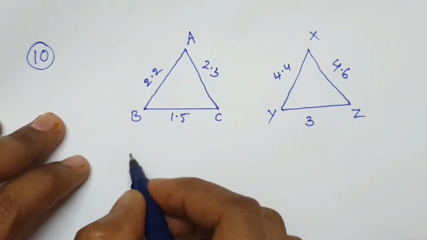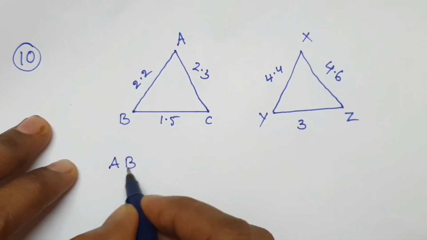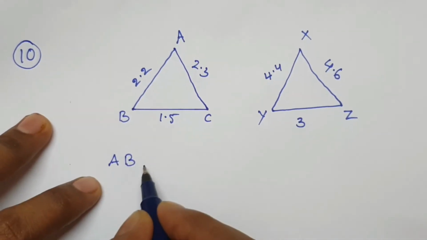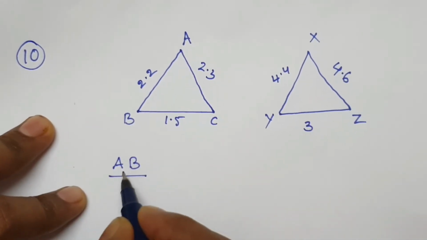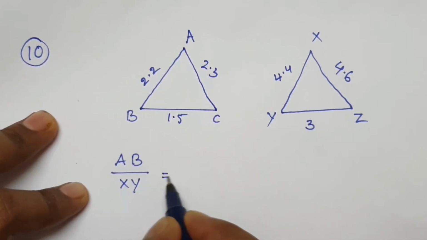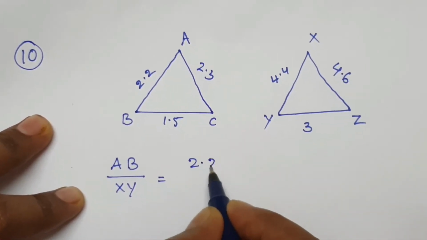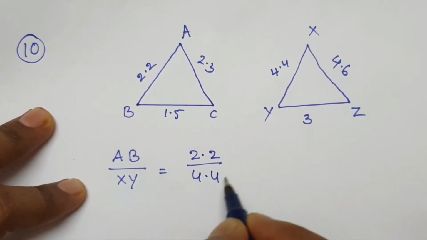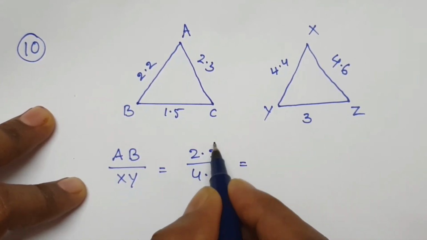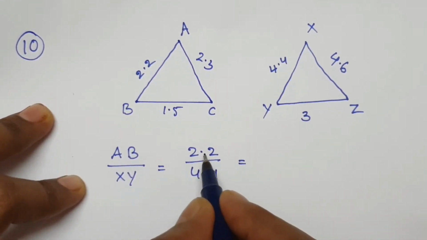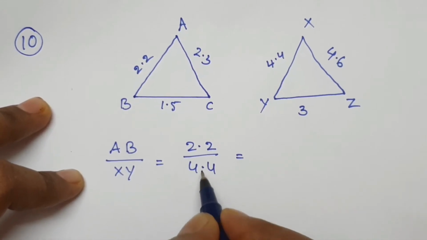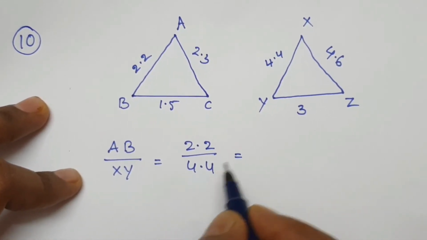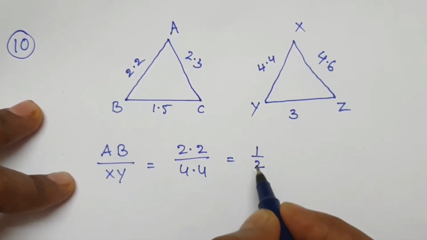So according to the first one, AB is to XY. AB is to XY means by, right? AB by XY. AB means 2.2 by 4.4. Here 22 by 44, 22 ones, 22 2s. Final answer 1 by 2.